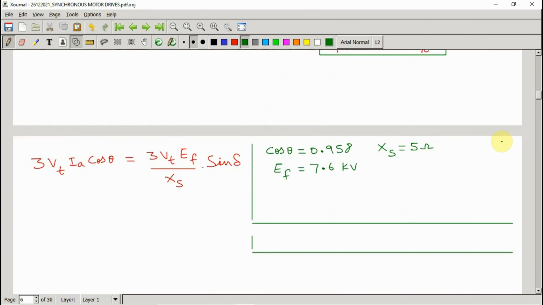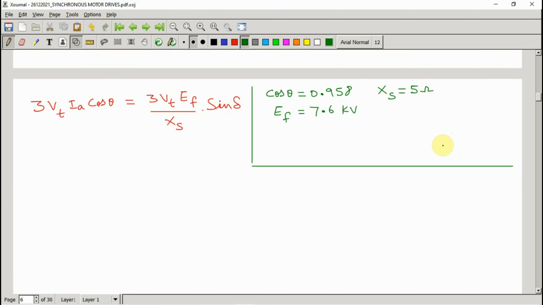So now from here we are in a position to calculate sine delta. We can cancel the 3Vt from this side and this side. So we are left with Ia cos theta equals EF divided by XS into sine delta. Sine delta is what we want to calculate.